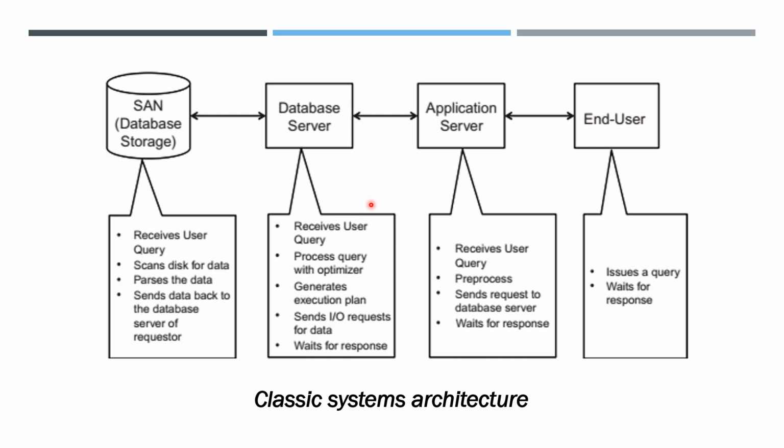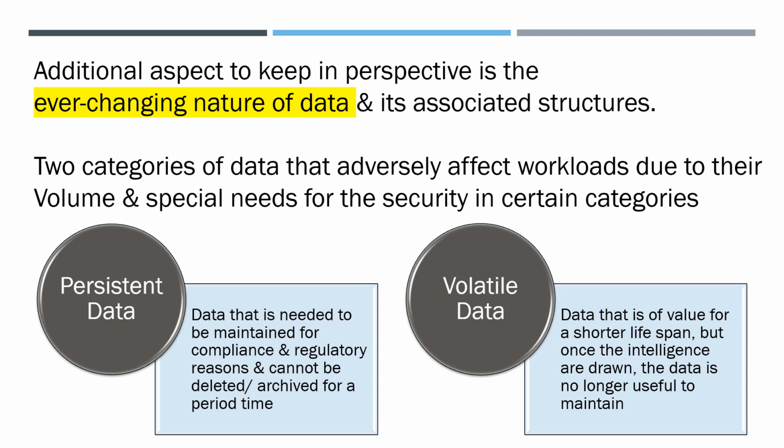An additional aspect to keep in perspective is the ever-changing nature of data and associated structure. This is why we need to upgrade. We cannot use this classic system architecture anymore.